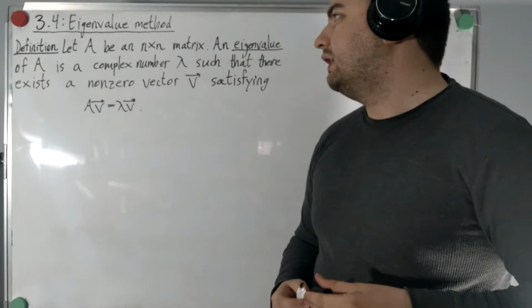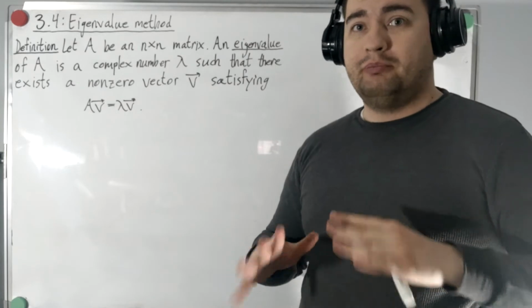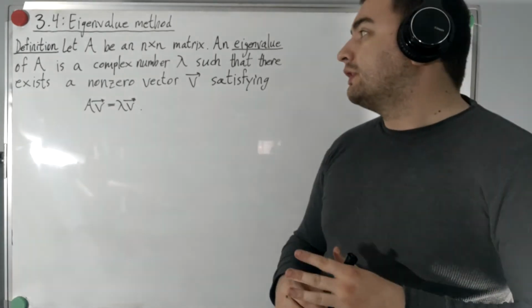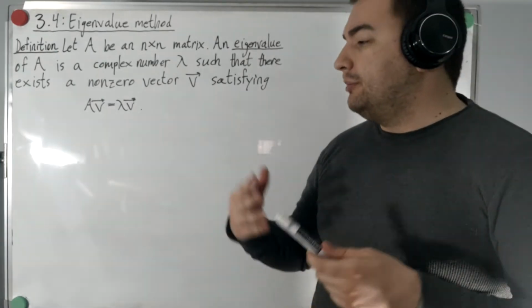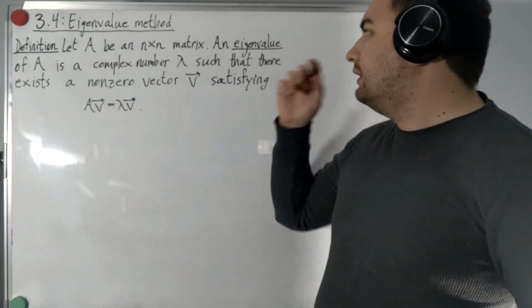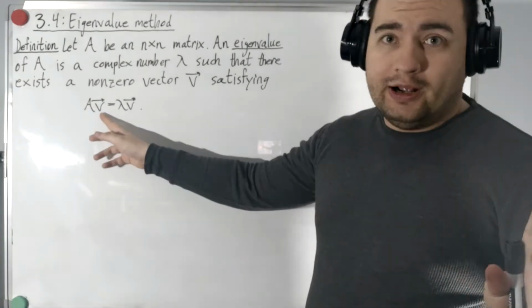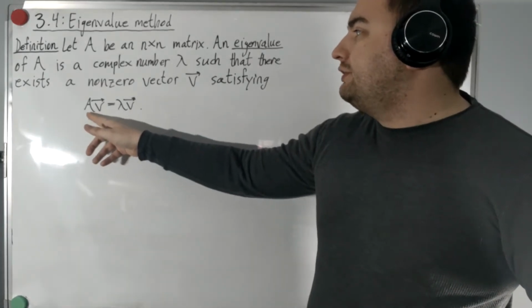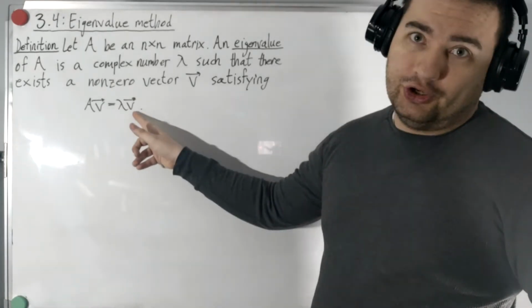Okay, so by the way, I'm saying lambda is a complex number. That doesn't mean that it has to have an imaginary part. So in other words, it could be a real number too. Real numbers are complex numbers after all. They just have imaginary parts that are zero. So an eigenvalue is a number such that there exists a vector out there that's not the zero vector, and the matrix times that vector is the same as the scalar lambda times that vector.